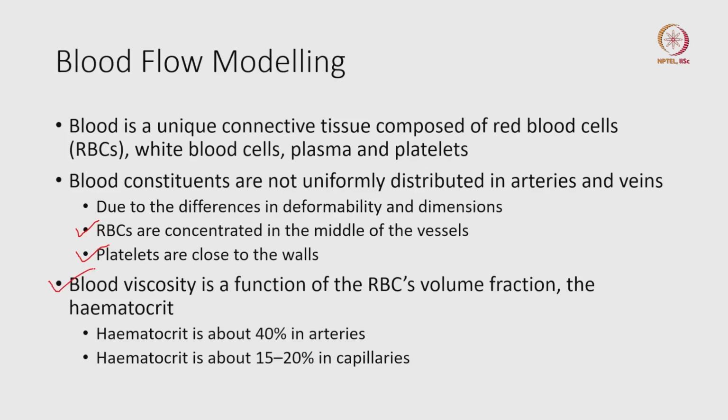This is one of the main properties of the blood, and it is a function of the RBC volume fraction, which is dependent on hematocrit, and that hematocrit is again different in arteries as well as capillaries. So, it is 40% in the arteries, but around 15 to 20% in the capillaries. Such variations are a challenge when you try to model the blood flow.